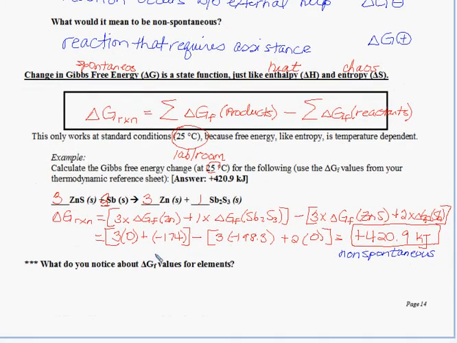So as long as it's an element at their natural states, they will all have formations for Gibbs free energy that are 0 in the amount of work, right? The spontaneity of it. It's not spontaneous or non-spontaneous. It's already been formed, and so the work will in fact be 0. So that's another good tip.